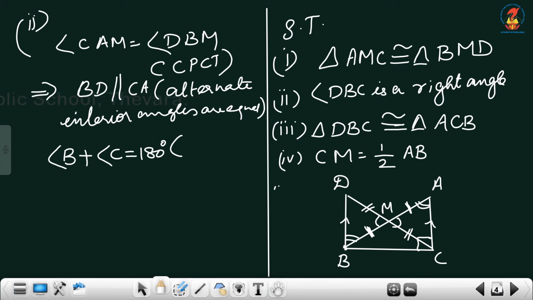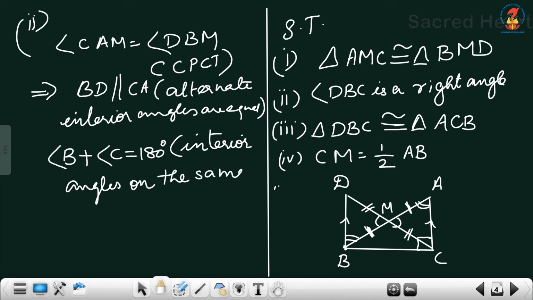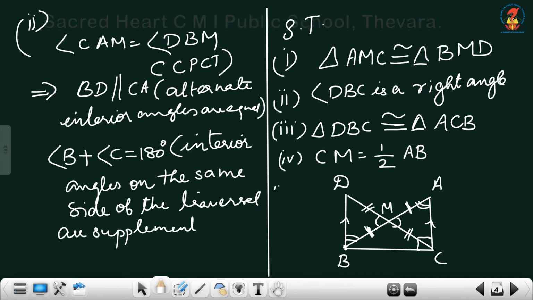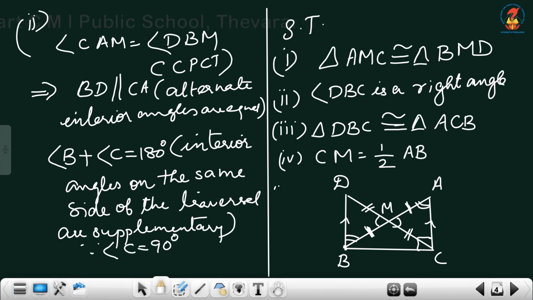The reason is co-interior angles are supplementary, or you can say interior angles on the same side of the transversal are supplementary. Since angle C is equal to 90 degree is given, we can write angle B is also equal to 90 degree.